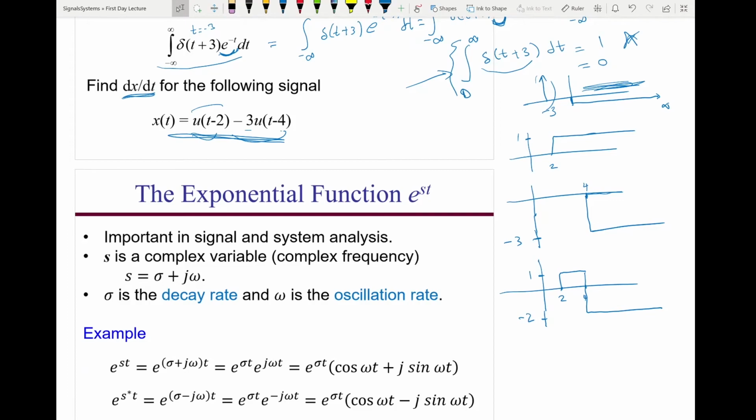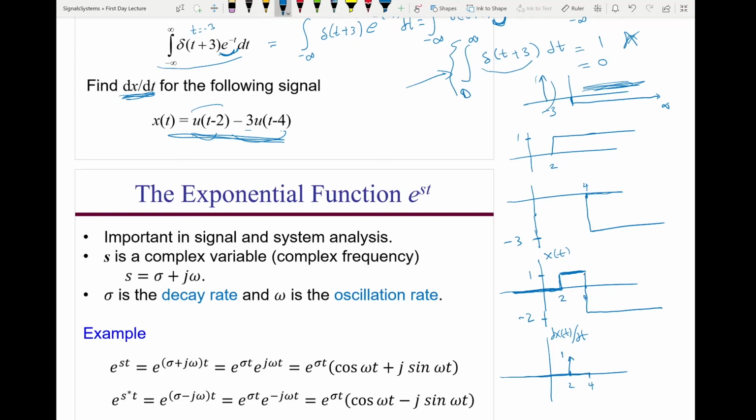And if this is x of t, now if I take the derivative and plot it, well, this is 0, so there's no change, so the rate of change is just 0 until 2. Then there is a sudden change up 1 unit, so that's an impulse, indicating a rapid change. And then here it stays at 1, no change, just a constant, so that's 0 until 4.